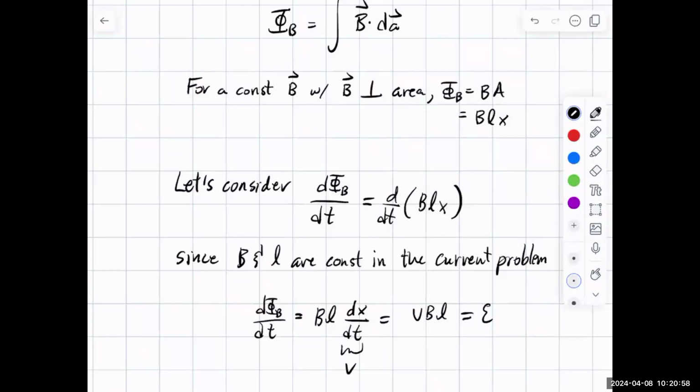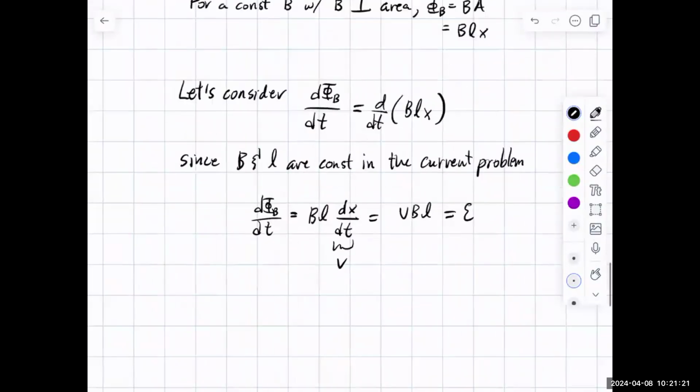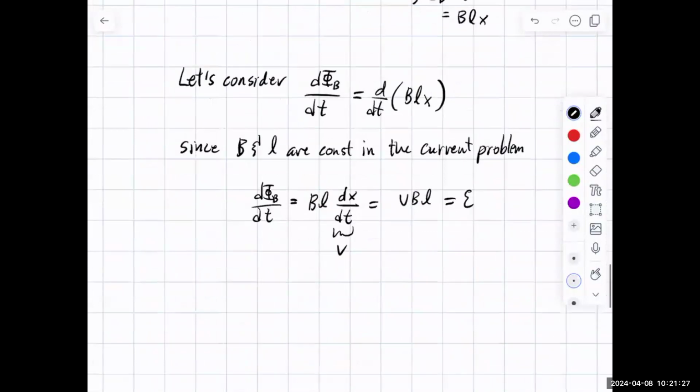And it's in general true that if I want to have an induced EMF or an induced voltage difference, what I need to do is change the magnetic flux in some way. It turns out that there's multiple ways of changing the magnetic flux, and we're going to talk about all those various ways. We've seen a few demonstrations of these already, and I'll try to show you one more.